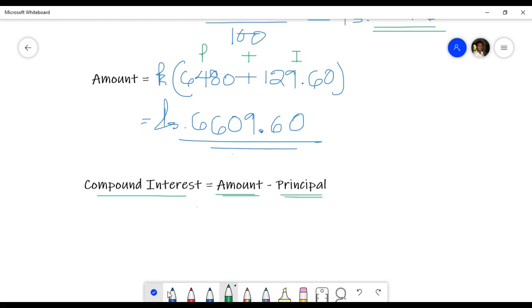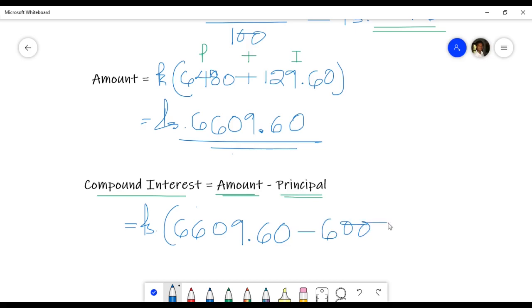The formula to find compound interest is amount minus principal. So the amount that we have found at the end of 1 year and 3 months is 6,609.60, or rupees 6,609 and 60 paise, minus the initial principal, the actual principal.